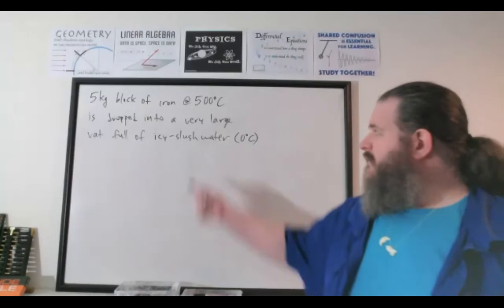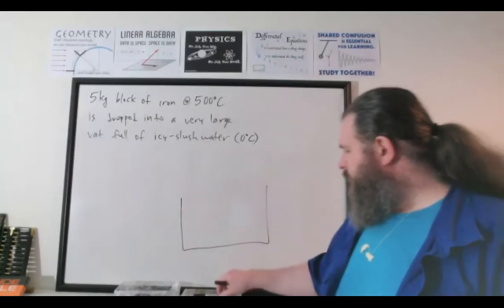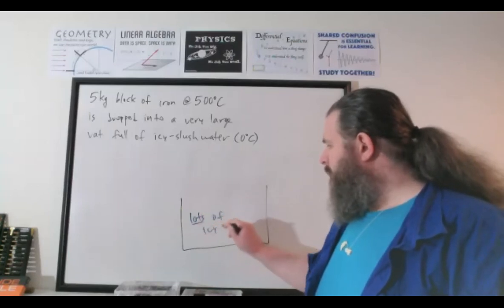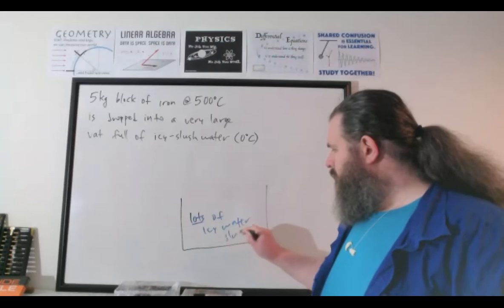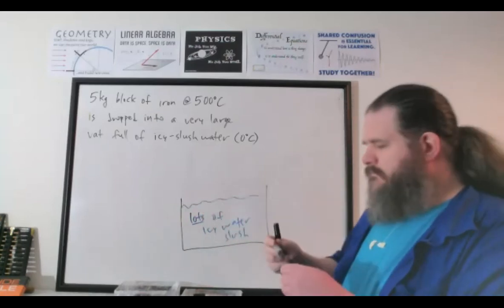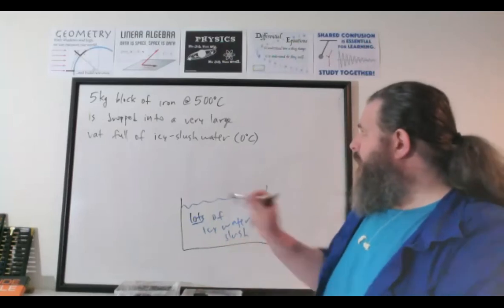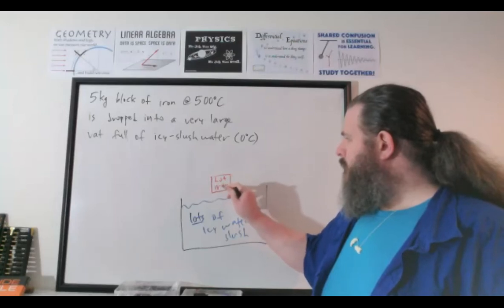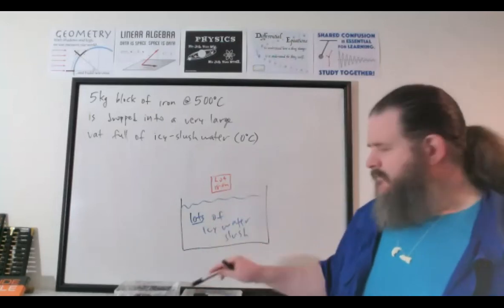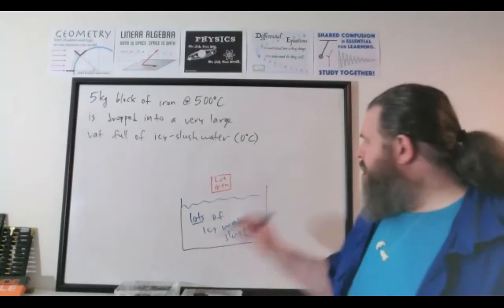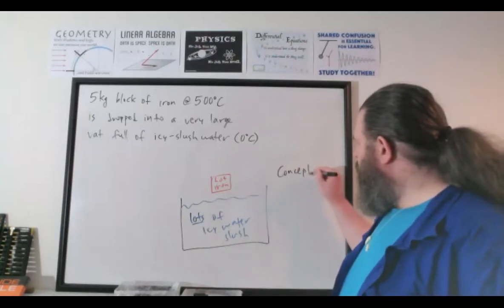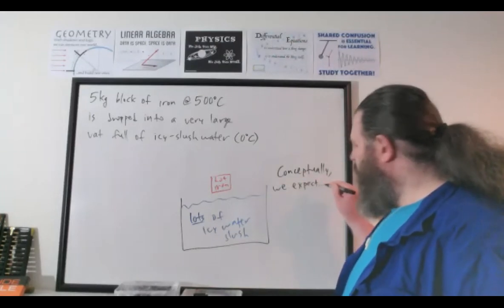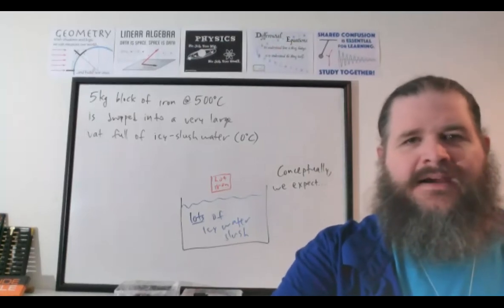And if we've got a very large vat of snow, lots of icy water, and we drop in this block of hot iron, what would you expect to happen? Without even running any numbers, what would you expect to happen here?